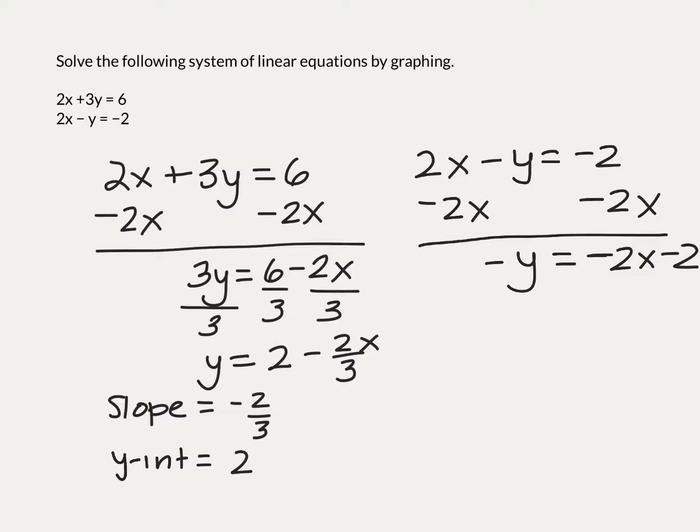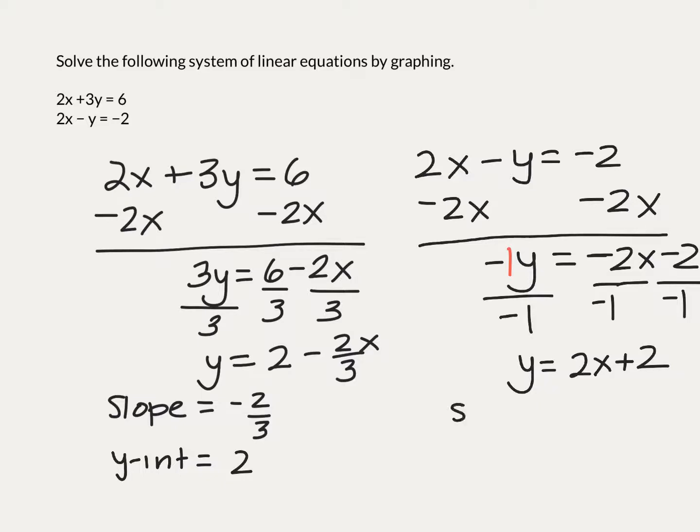What I have to remember is that there is a negative 1 there. So I need to divide both sides by negative 1, and everything gets divided by negative 1. So I end up with y equals 2x plus 2.